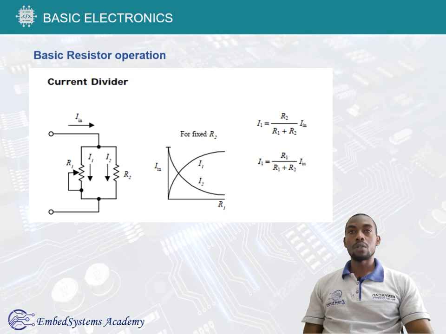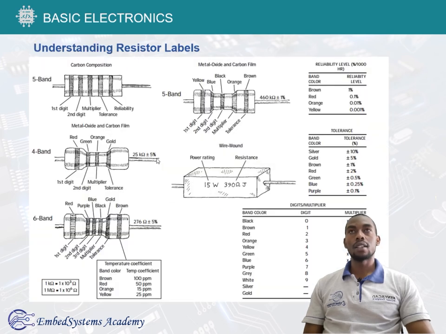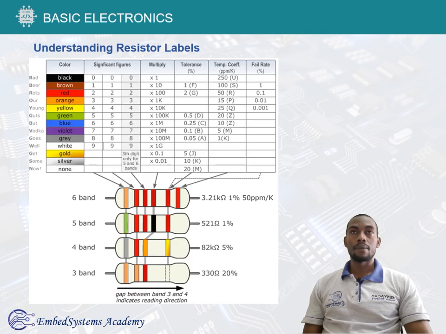When we shall be looking at the circuits, of course resistors have various values, as I said earlier, and they are labeled. Any resistor actually has a label. There are various labeling standards. There are 4-band, 5-band, and 6-band resistors, and they are always colored. Depending on the color bands of the resistor, you're able to determine its value.